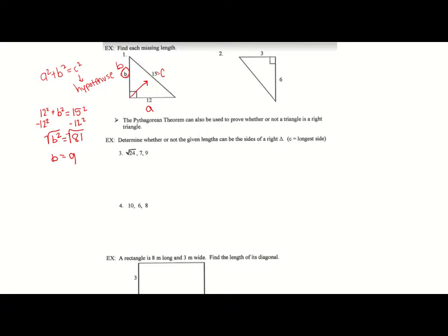So we're going to do a similar thing over here for number 2. Number 2, though, our side straight across from the right angle, c, is our unknown.